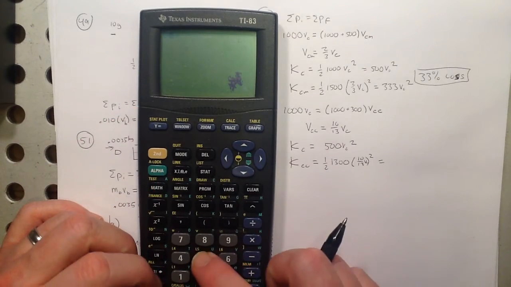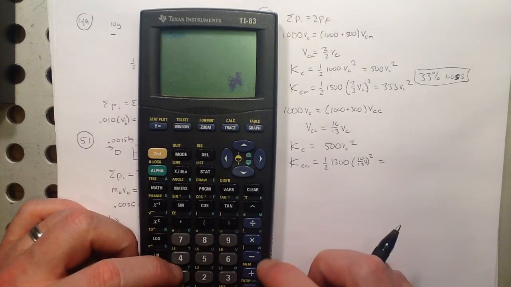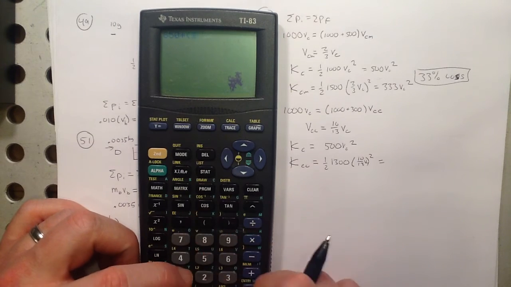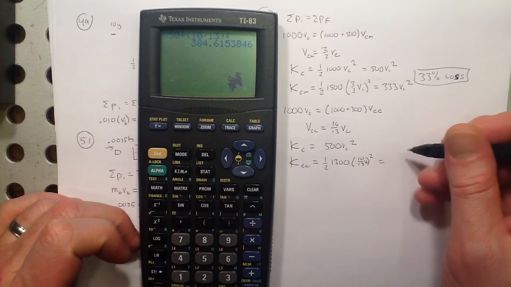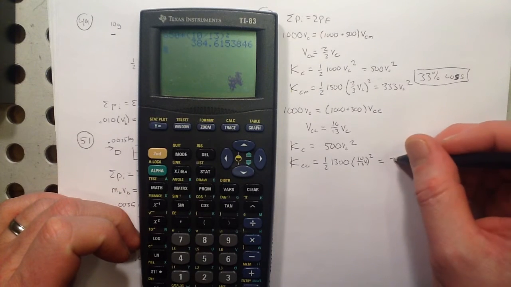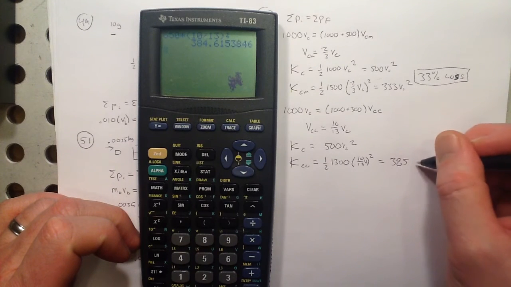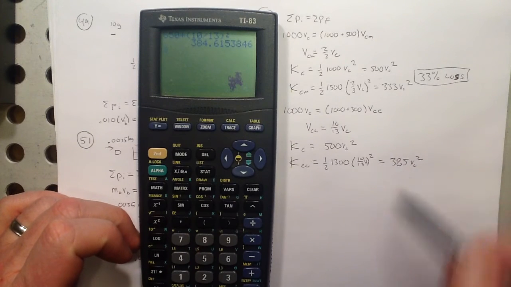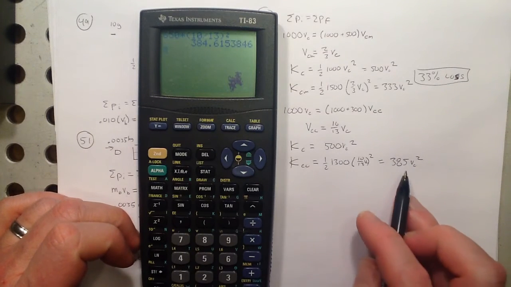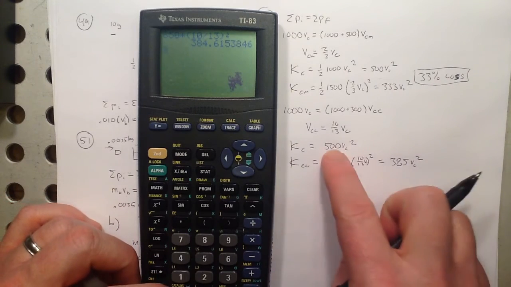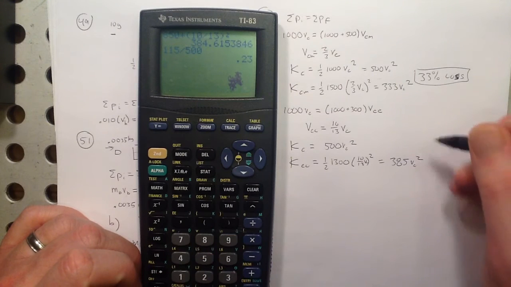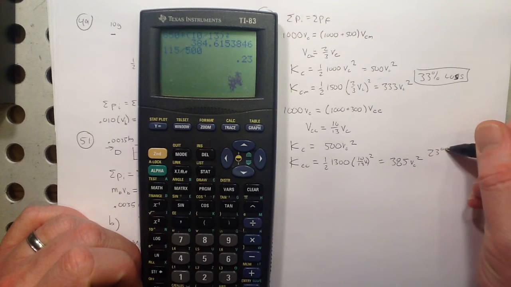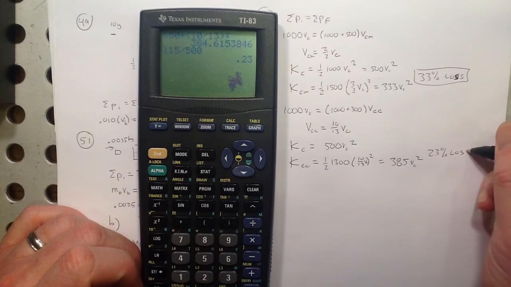That's half of 1300 is 650 times 10 over 13 squared, and that's 385-ish Vc squared. So this time it looks like I lost 115 joules out of the 500, so 115 out of the original 500 is a 23% loss.